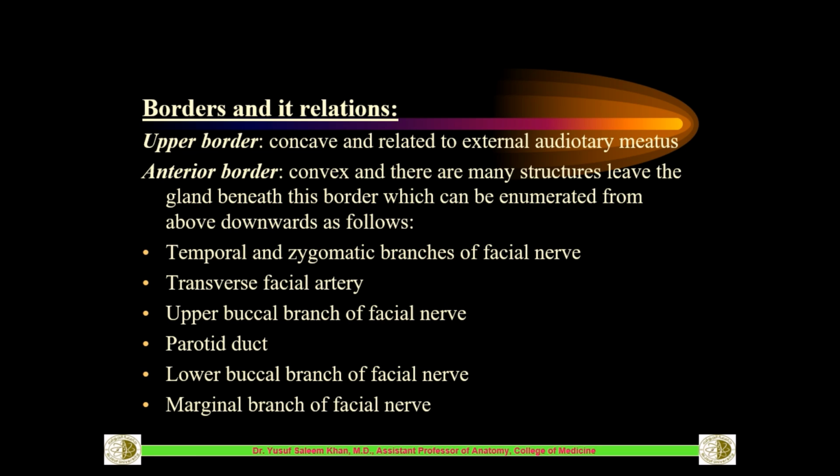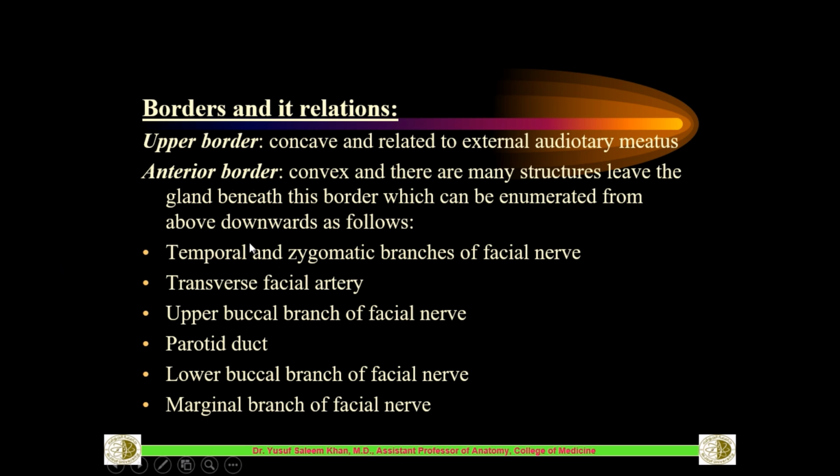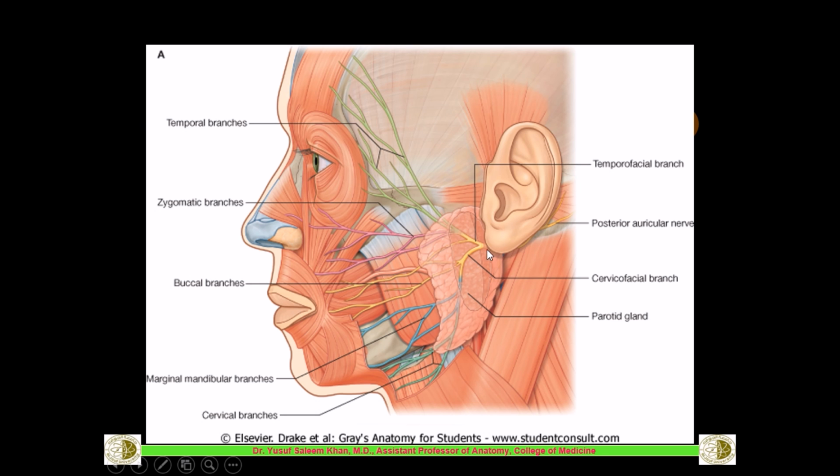It is mainly the branches of the facial nerve. The first ones from above downwards will be the temporal and zygomatic branches of the facial nerve. This is the facial nerve here, and it has two main branches, the temporofacial and the cervicofacial. From the temporofacial you can see the temporal branches as well as the zygomatic branches.